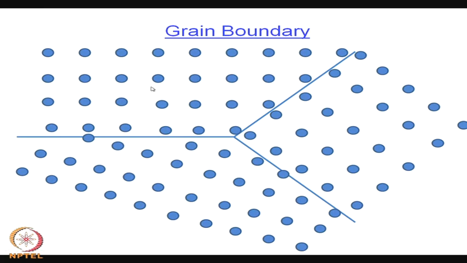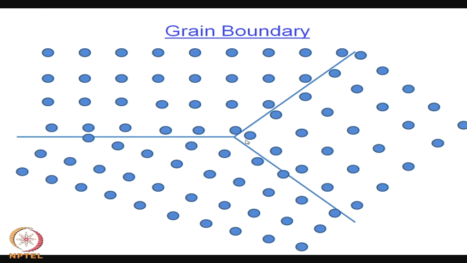So, this is one grain, this is another grain, and that is another grain. You have boundaries, and these are called grain boundaries, and once again it is a two-dimensional surface. Although we have drawn it in the form of a line, they are actually surfaces, and they are not plane surfaces.